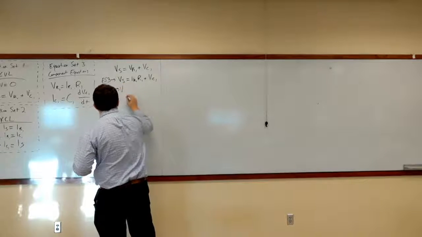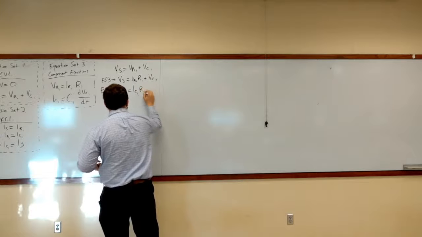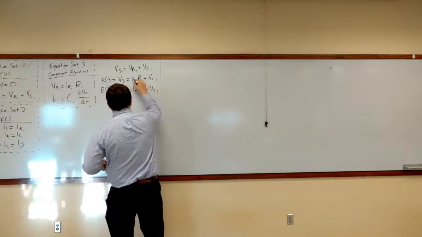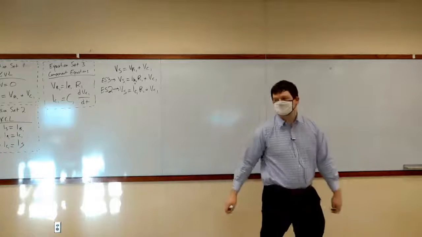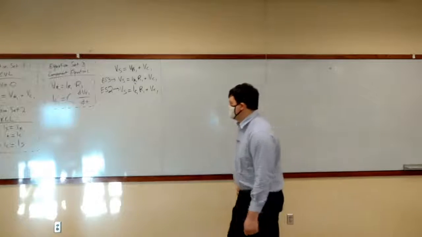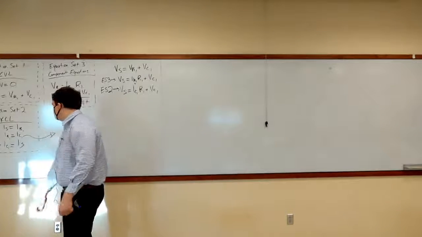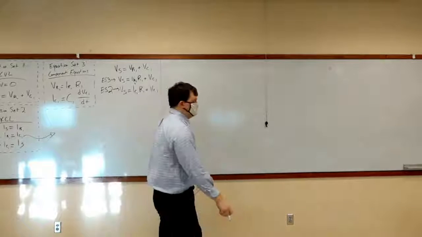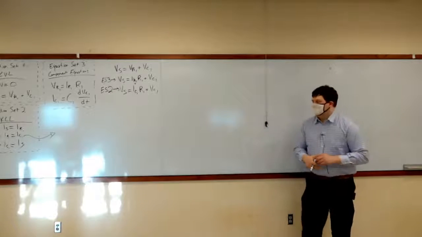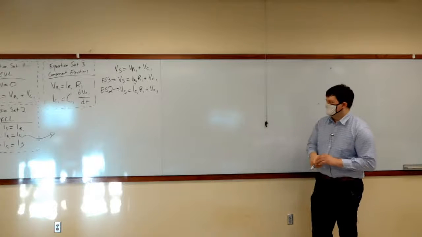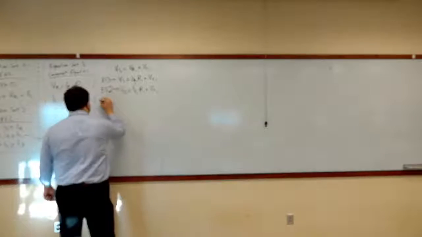So, using equation set 2, Vs is equal to IC1 R1 plus VC1, because these two are equal. That's this equation right here. IR1 equals IC1. One last step. I'm going to go back and I'm going to use equation set number 3.